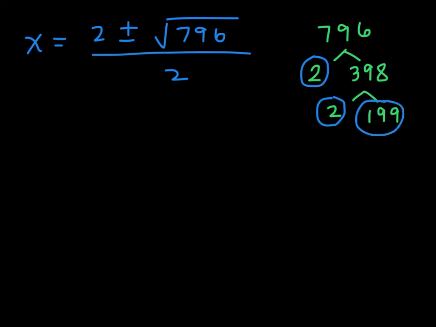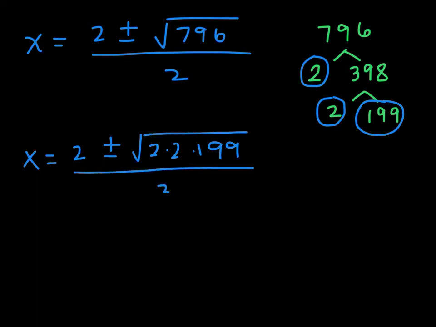So what we have now is x is equal to 2 plus or minus the square root of 2 times 2 times 199. This is how we've been simplifying radical expressions in our class. Now our index is 2, so I'm going to group those two 2's together. And so what ends up happening is getting 2 plus or minus 2 times the square root of 199 all over 2.